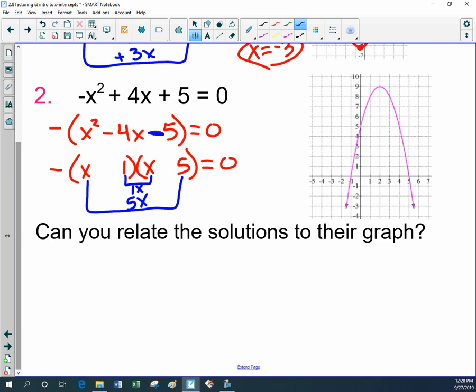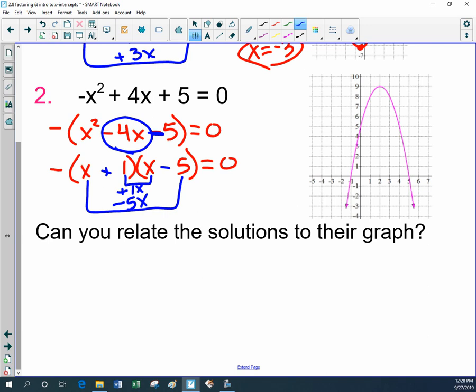If the signs are opposite, then I'm looking for the difference of these two numbers. The difference of 5 and 1 is 4. So to get a negative 4, the bigger number would be negative, and the smaller number would be positive. So this would be x plus 1 and x minus 5.